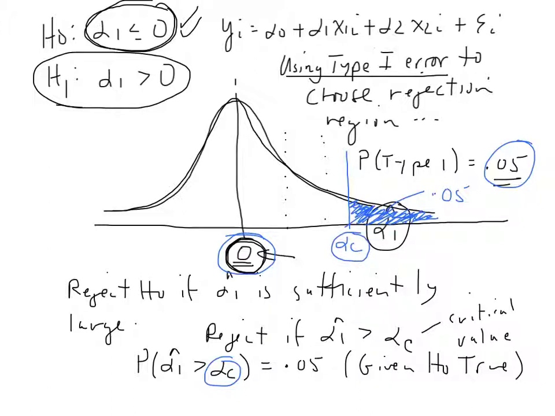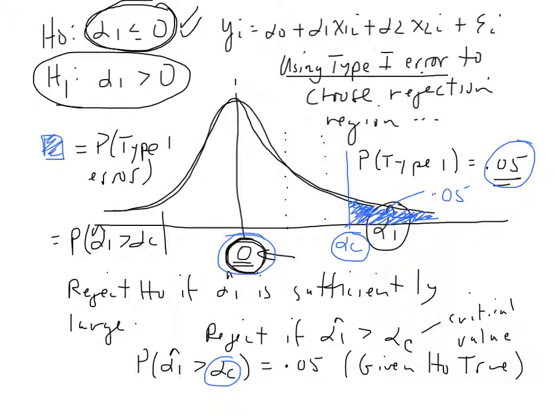The blue area shows us the probability of a type 1 error, the probability of alpha 1 hat bigger than alpha critical, given that H0 is true.